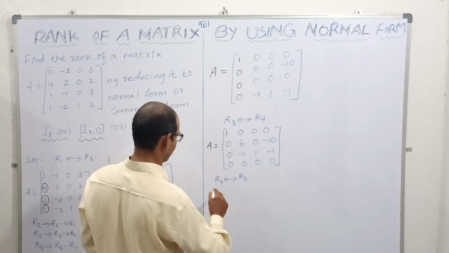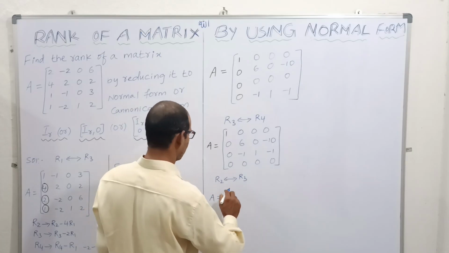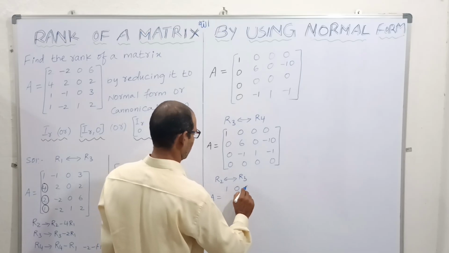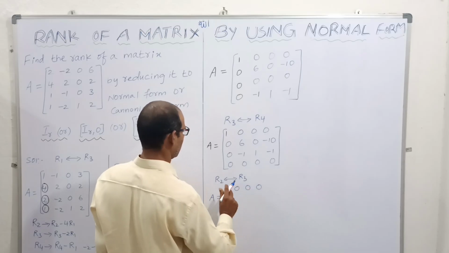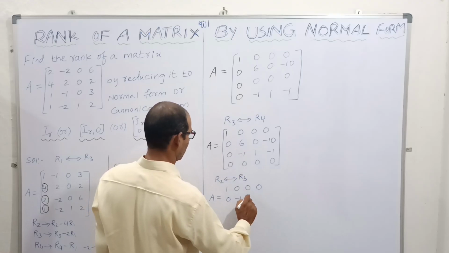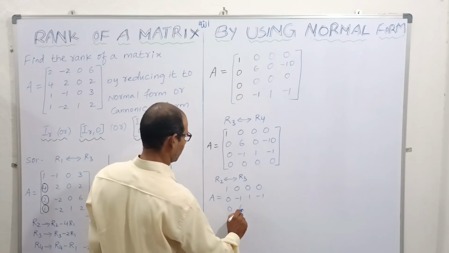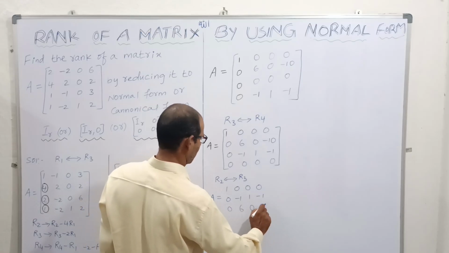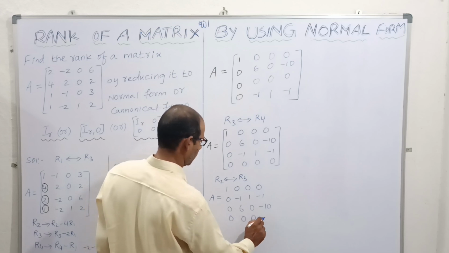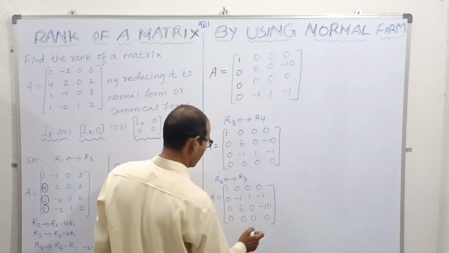So therefore capital A is changed as 1, 0, 0, 0. So row 2 instead of row 2 we will put row 3, that is 0, minus 1, 1, minus 1, 0, 6, 0, minus 10. Then the fourth row 0, 0, 0, 0. Right?